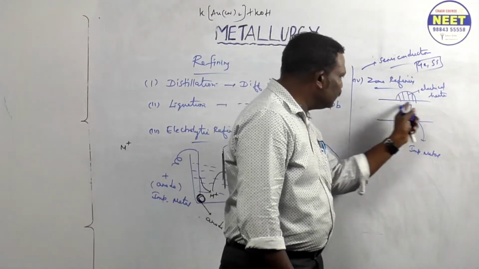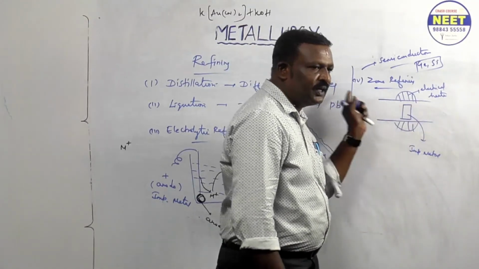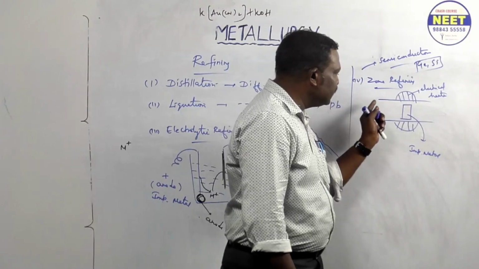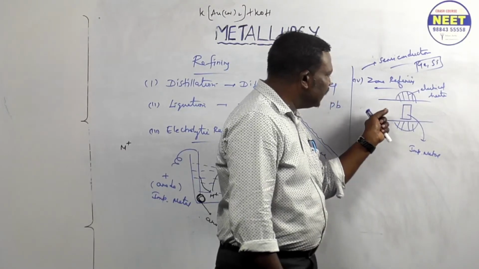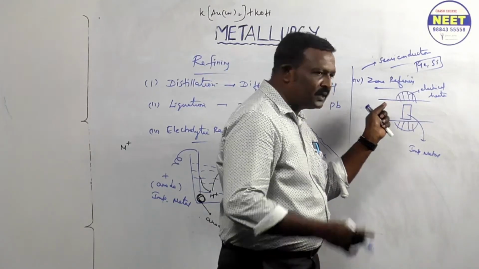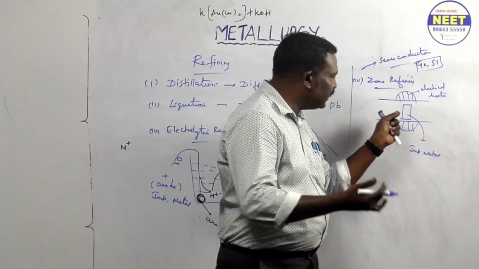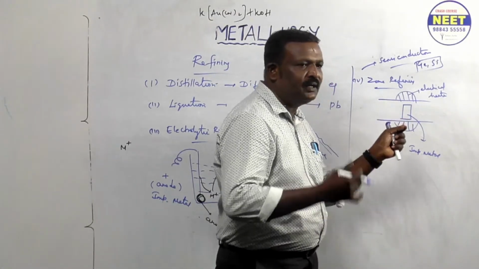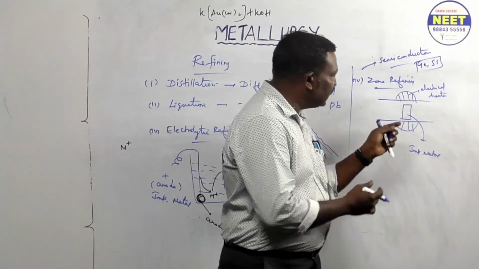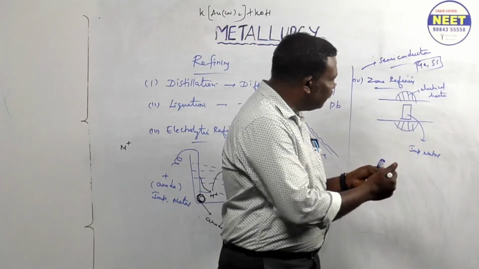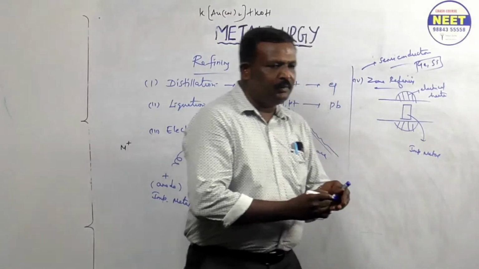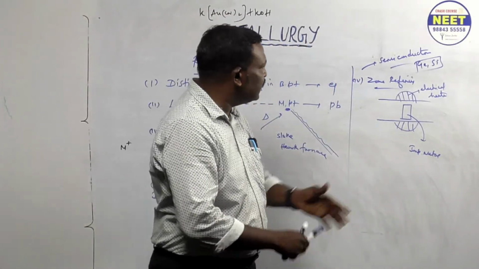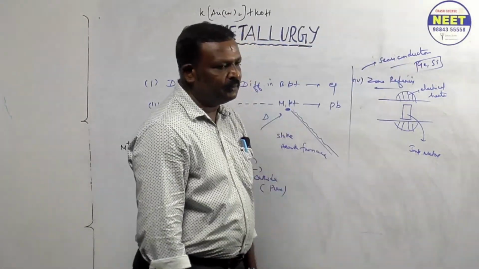We have to move the heater front and back. At last the impurities are collected on one side and pure metals are crystallized on the other side. We have to do the process repeatedly. Especially semiconductors can be separated by this method.